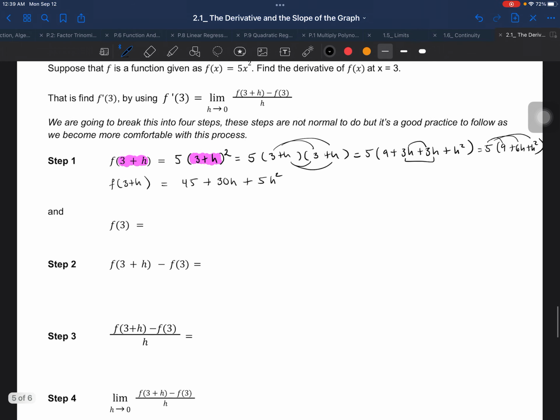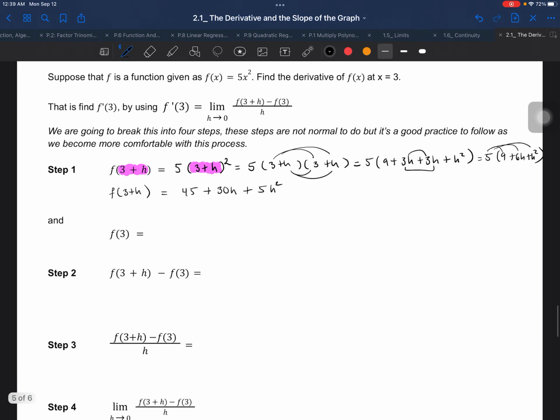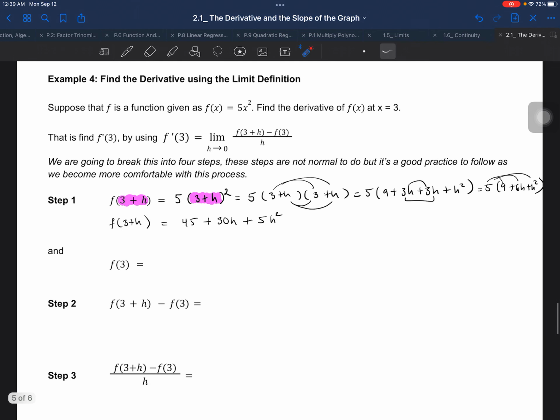All right, and then now we're gonna find f of 3. Well, f of 3 is exactly the same idea, right? Wherever you see x, you're gonna replace x with your input. Your input is gonna be 3, and so we're gonna replace x directly with 3.